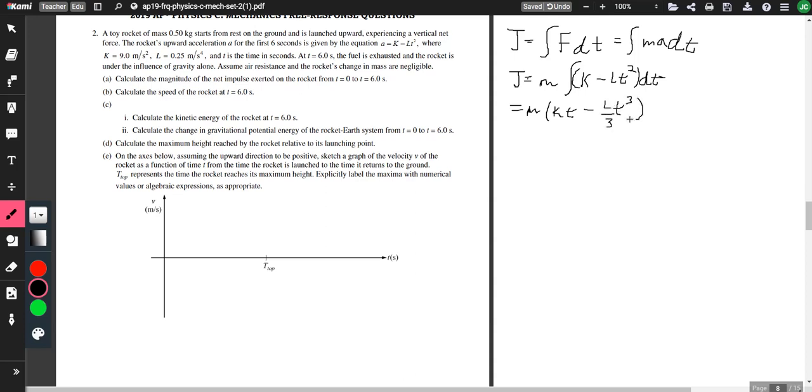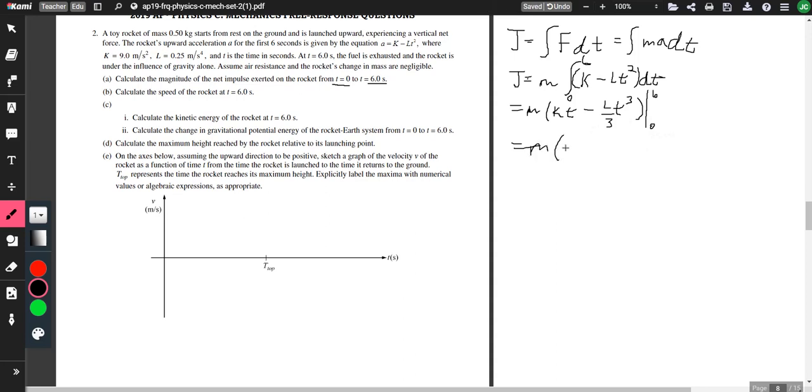Now, one thing I want to point out is that they want us between 0 and 6 seconds, so my bounds should be 0 to 6. Now I'm going to put the final time in and the initial time in and subtract those numbers.